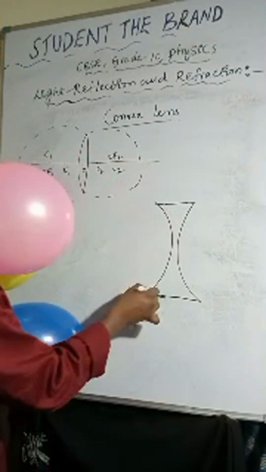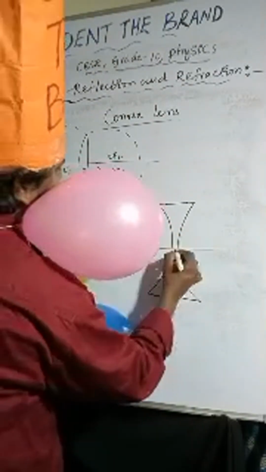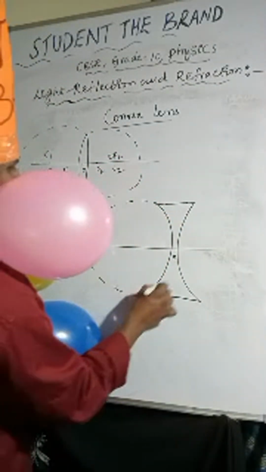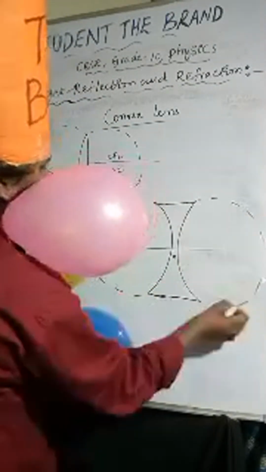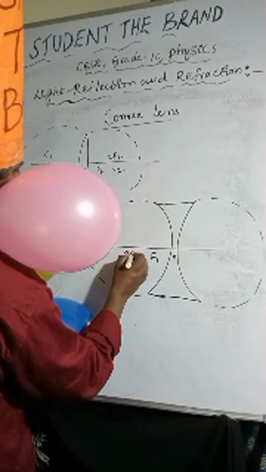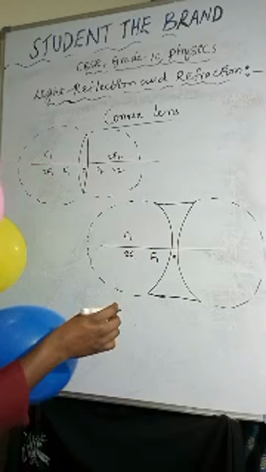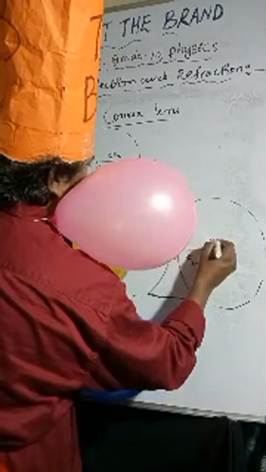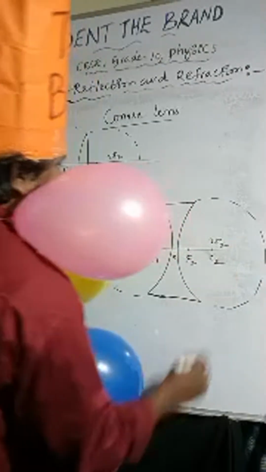Concave lens. Optic center, F1, 2F1, C1. Here F2, 2F2 or C2.